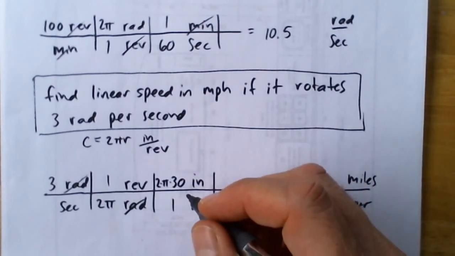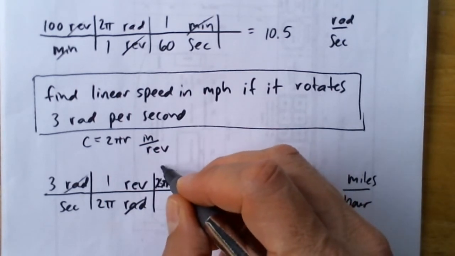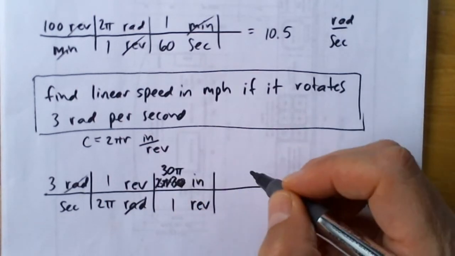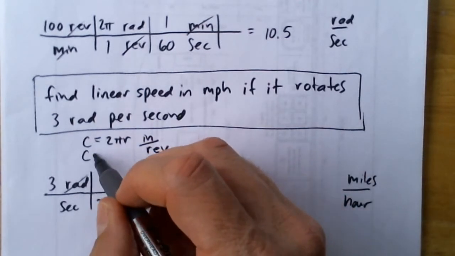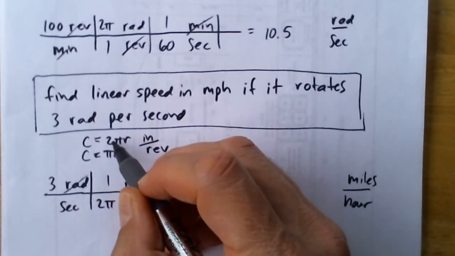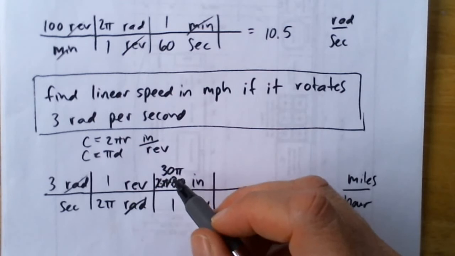No, it's not 2 pi 30. It's just 30 pi because it's a 30-inch diameter. So we could say it's 2 pi r or pi d, and we already know the diameter, so we'll put 30.